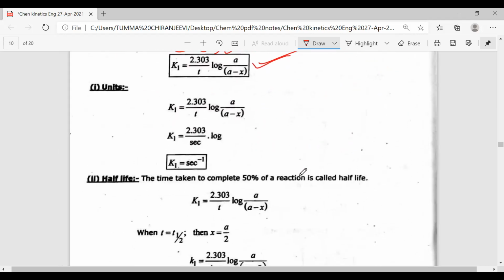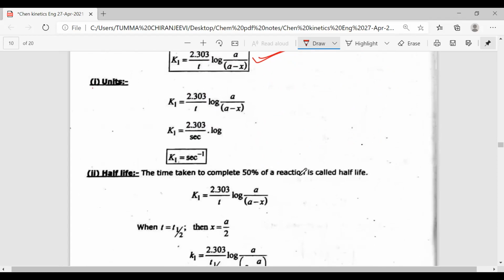And next one, find out the units. What are the units for the first order equation? By using this equation, you can easily find out the units for the rate constant.